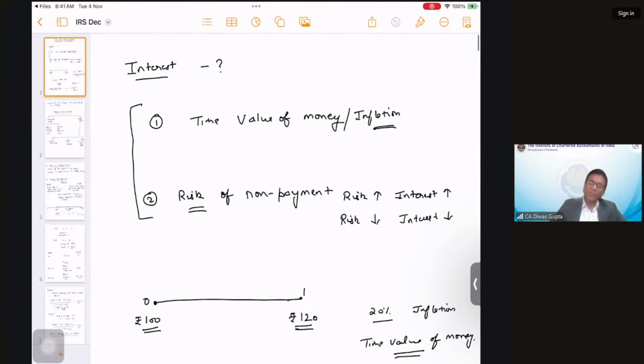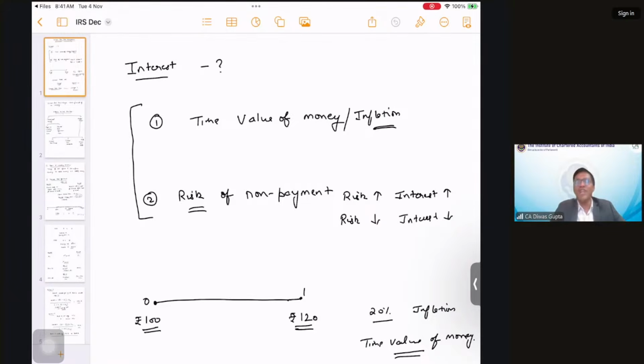Okay. So first of all, why do we pay an interest? Let's try to understand that. We are starting from a very basic thing: why is there a need of an interest? The interest is paid for two different reasons, students. One is time value of money, which is inflation, right? Because 100 rupees worth of goods today, the standard basket today, will not be equal to what it will be after 1 year.